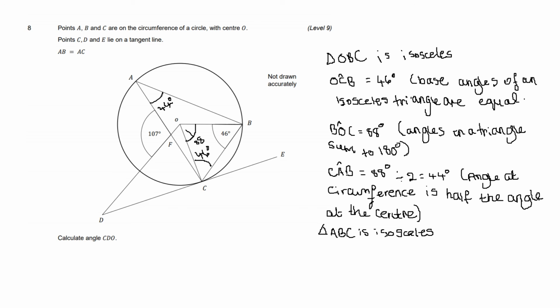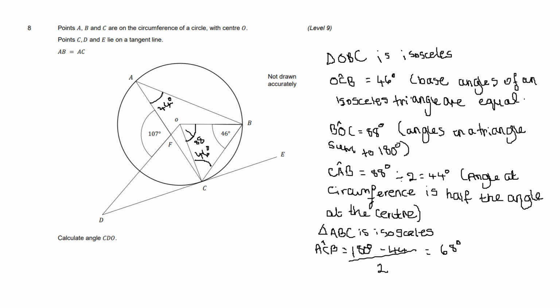So let's work out angle ACB. So ACB would be 180 minus the 44 at CAB over 2. And that's going to give me 68 degrees.